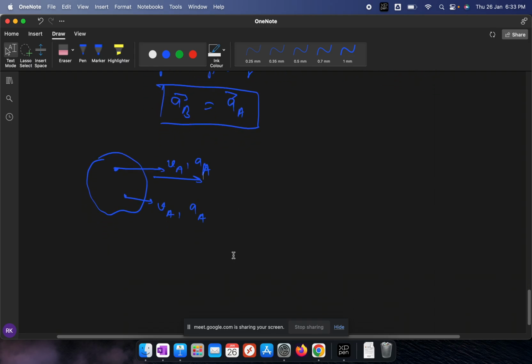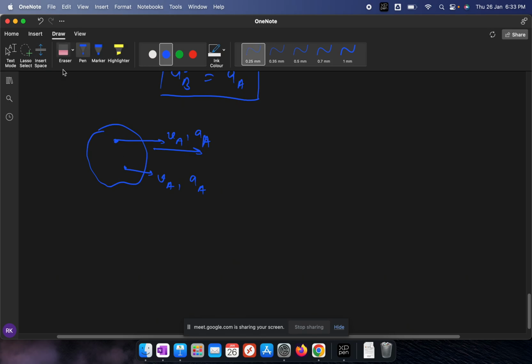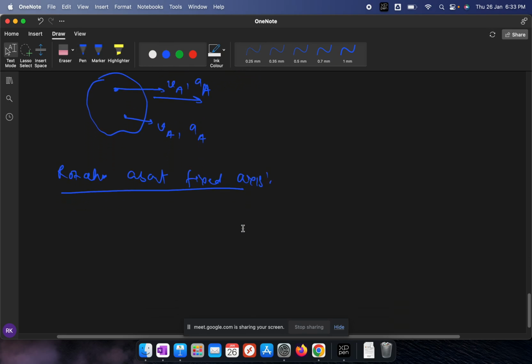Okay, now we will move to rotation about fixed axis. Then we will see what is happening here.